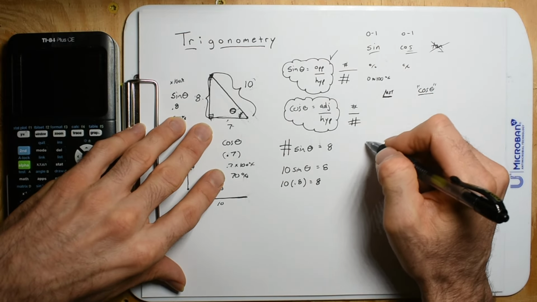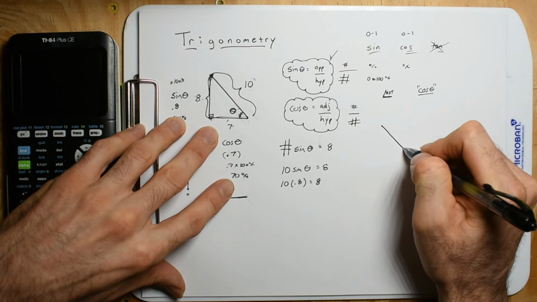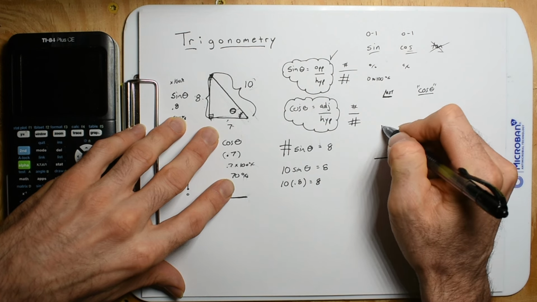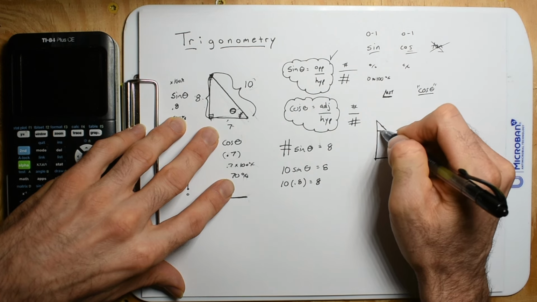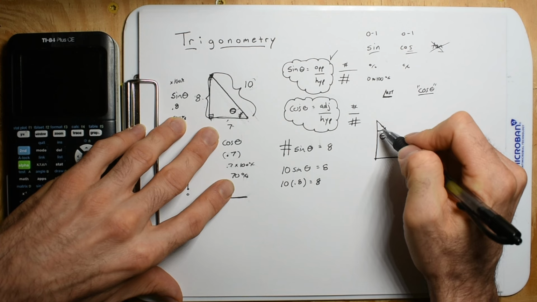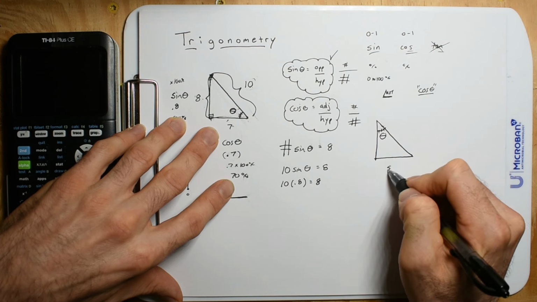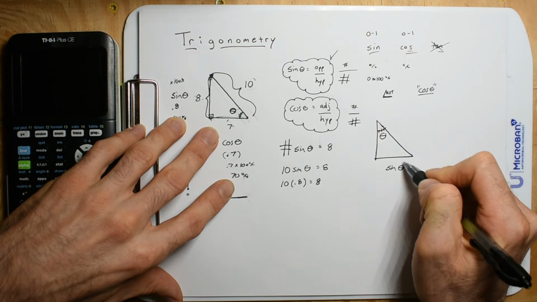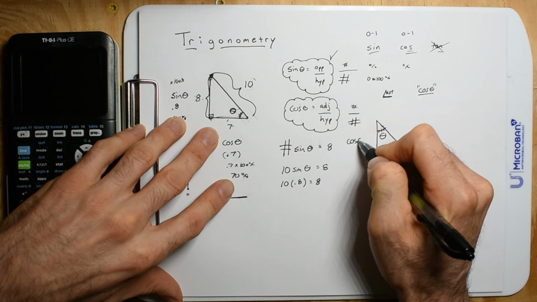Because even if I draw my triangle different, and I say, hey, same triangle, and I'm saying this is theta. Well, cool. This is where the sun is shining. Guess what? This is the sine component. And then this is the cosine component.